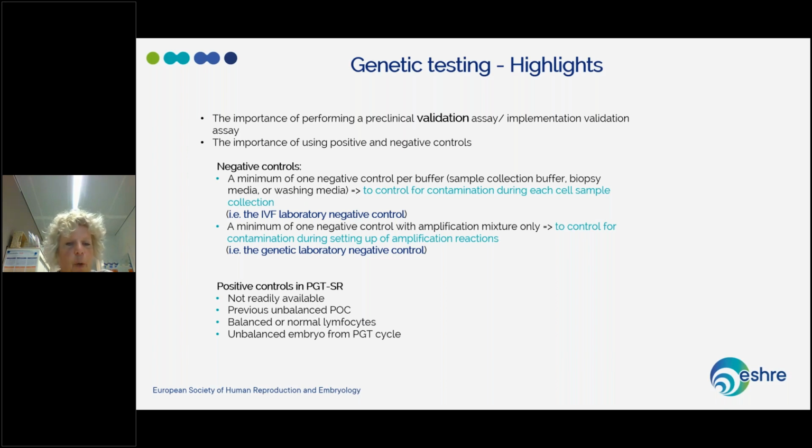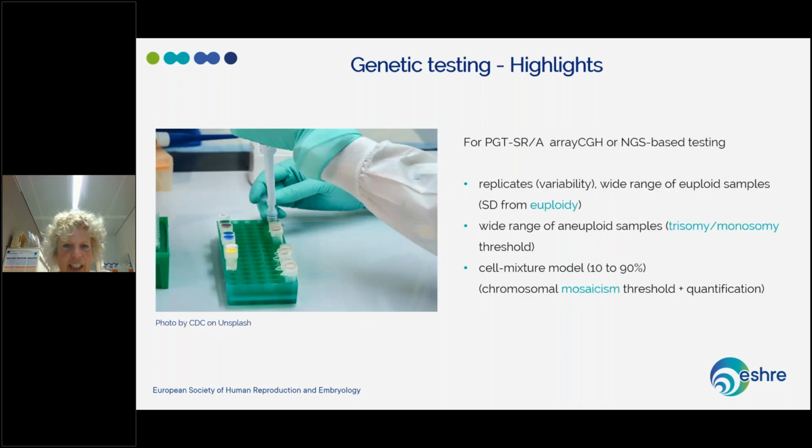So what could be used as positive control is previous unbalanced products of conception, if there is material, balanced or normal lymphocytes, and some techniques can make use of unbalanced embryos that come available during a PGT cycle. I can have the next.